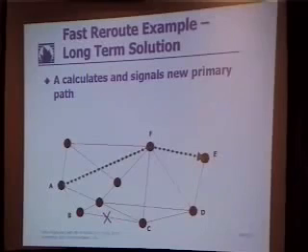IOS has a feature where they'll protect a link by building one detour LSP around the link, and any LSP going across that link will be switched over to this protect LSP. The upshot of that is that you're only keeping state for this one detour LSP, and you can protect a whole lot of LSPs.